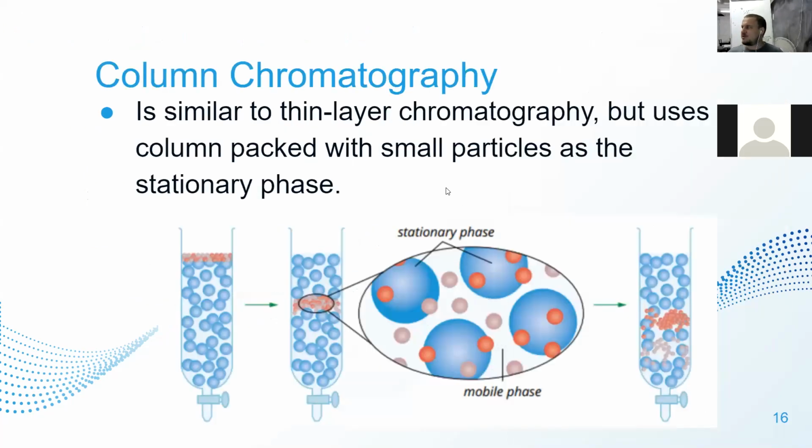So column chromatography is roughly the same thing, but we are separating them through what you'd call a porous gel.